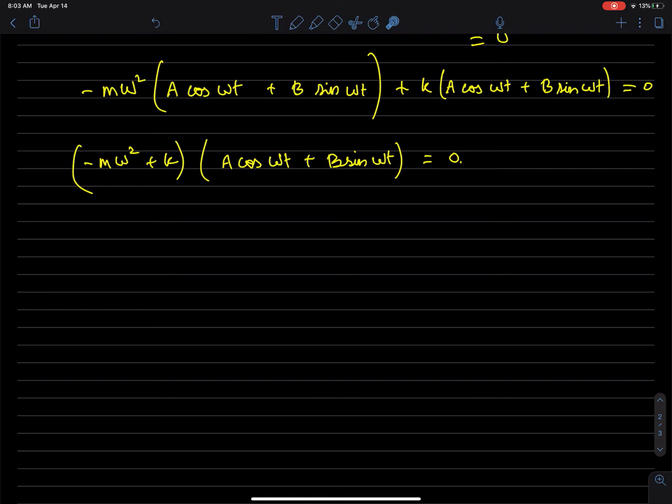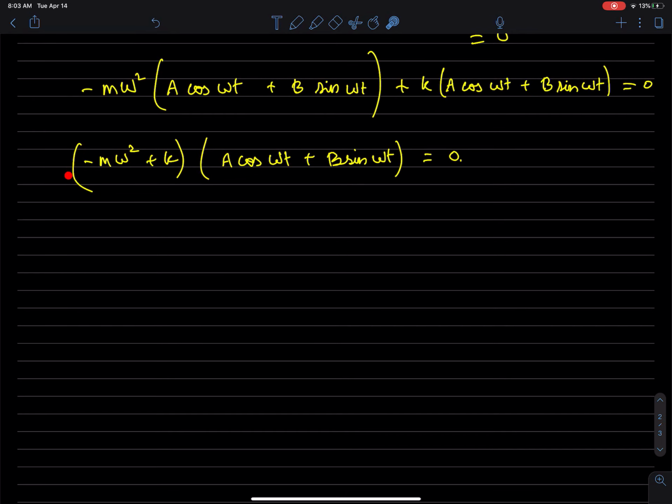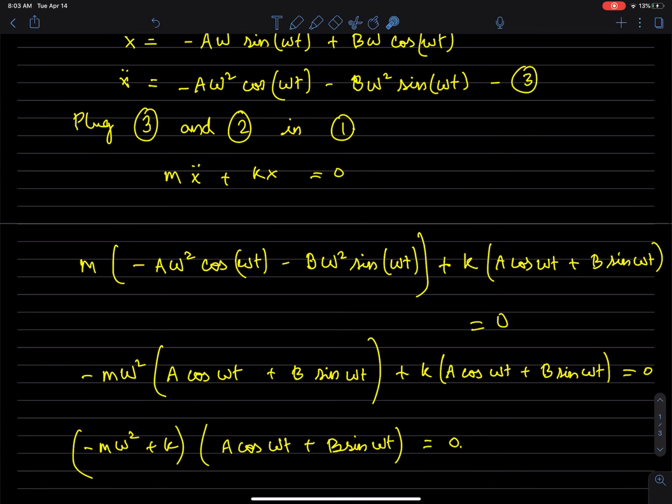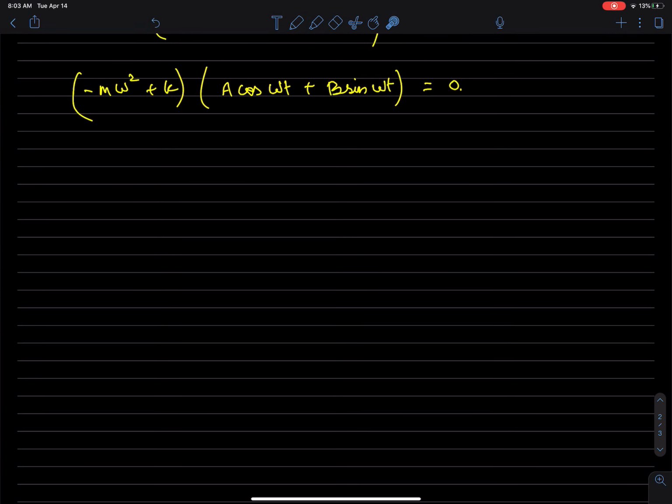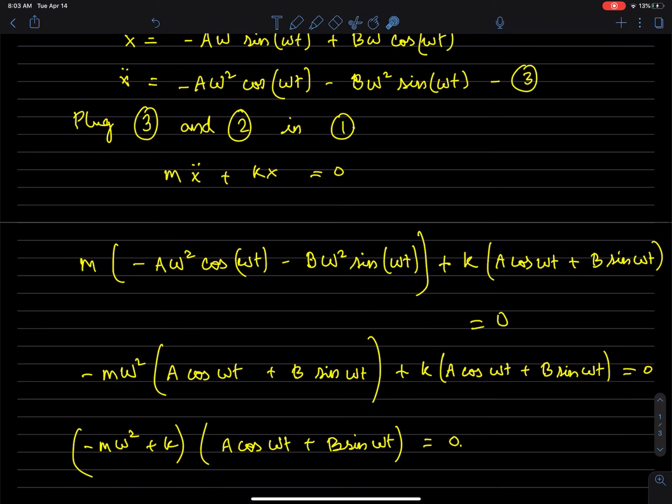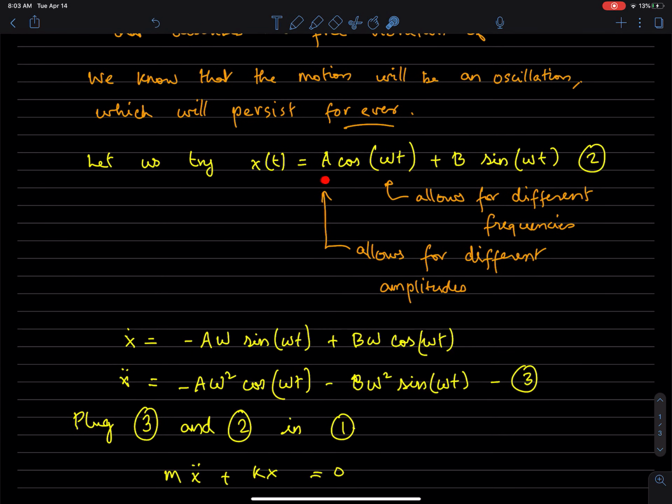Now this whole quantity should be equal to 0 if this were to be a solution. That's only possible if this quantity is equal to 0. If it was equal to 0, it means that x equals 0 for all time, because that's your solution for the motion.